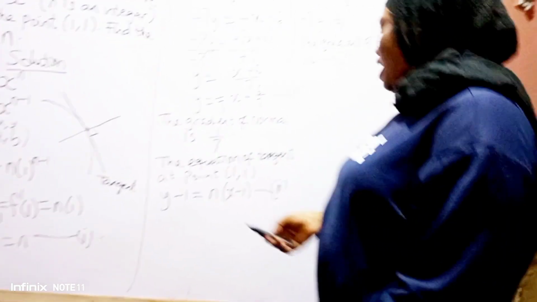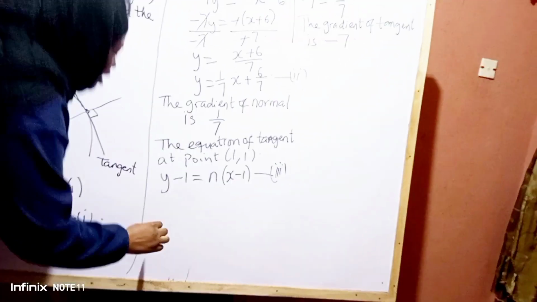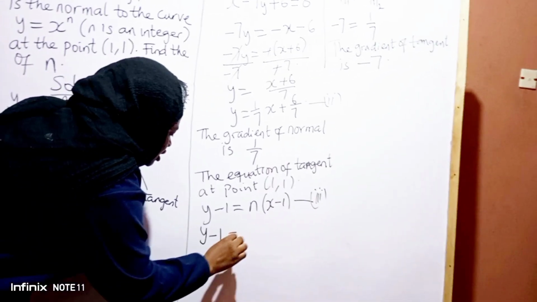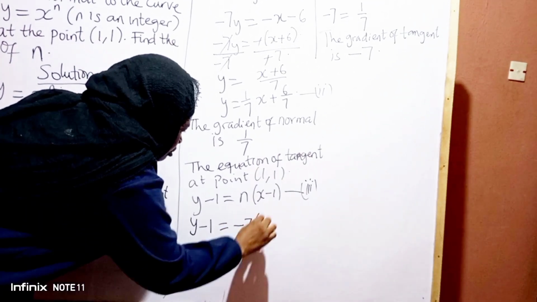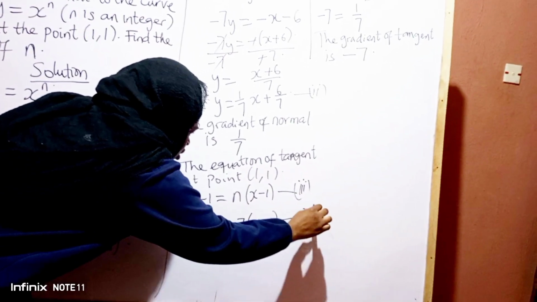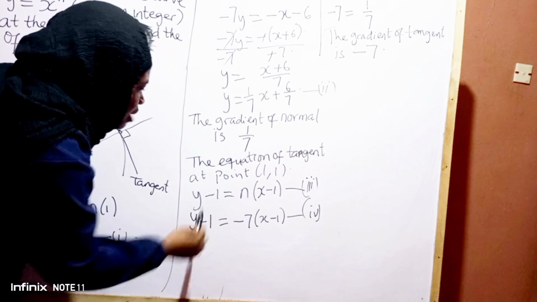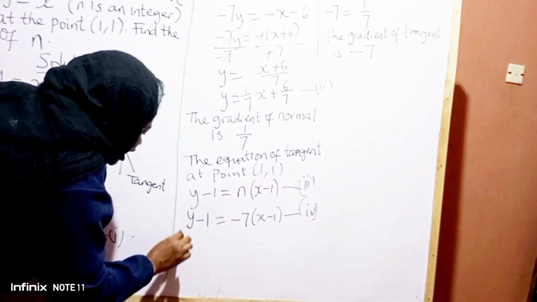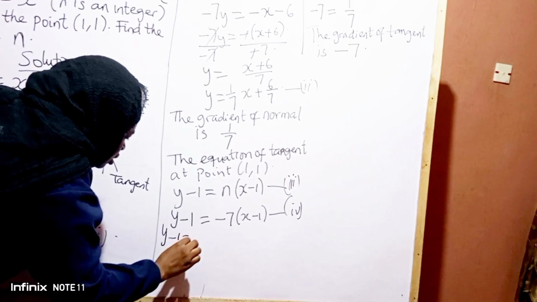So from here, I can now write the equation of the tangent as y minus 1 is equal to minus 7 into bracket x minus 1. This one is equation 4. So I can equate equation 3 and equation 4 together.